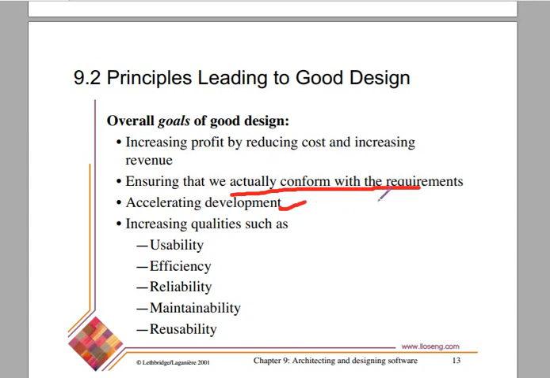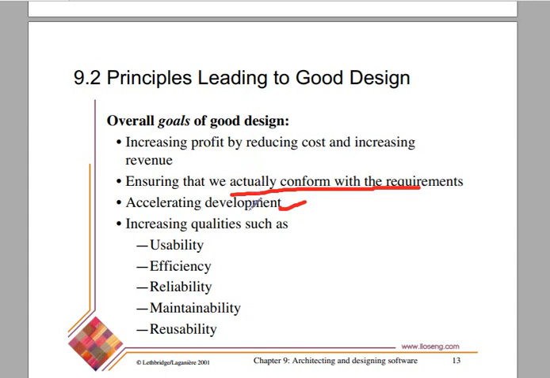Accelerate development means you should reduce short-term costs to ensure the software reaches the market soon enough to compete effectively, and this may be essential to meet some deadline faced by the customer. If the customer says, I need this software within 1 or 2 months because that's my season's days, something like that, you can have that as well.